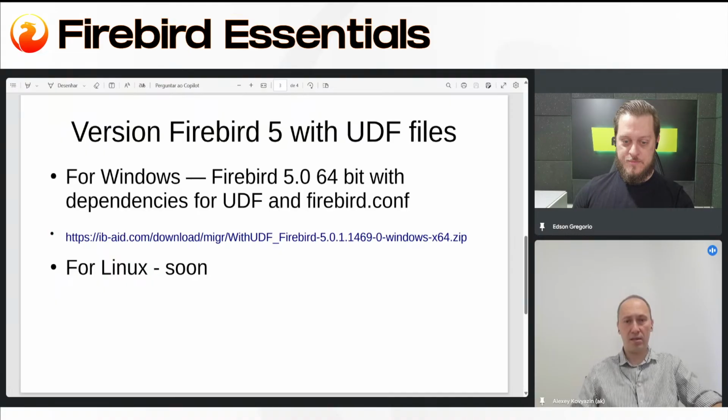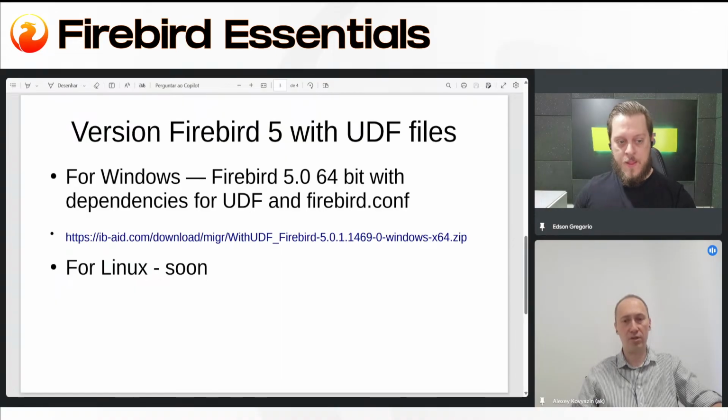However, before we start, I would like to address one issue which was sent to me by several users, who said that it was really difficult to migrate UDFs.